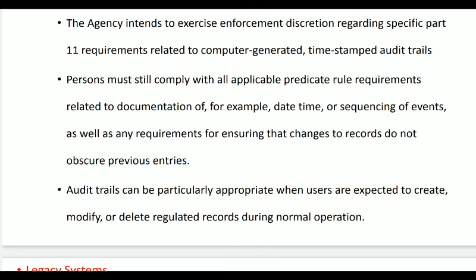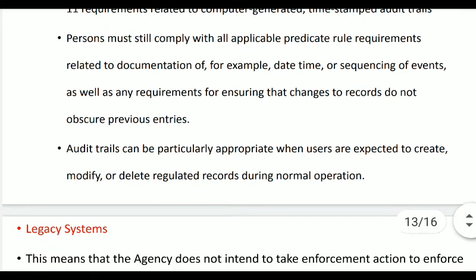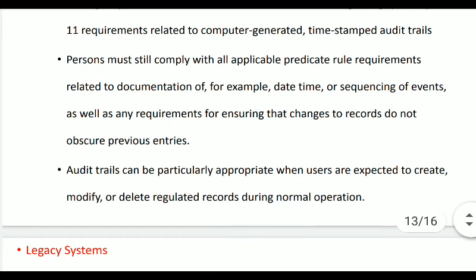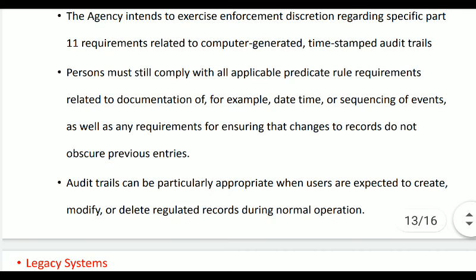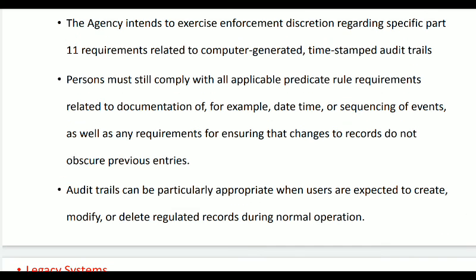Persons must still comply with all applicable predicate rule requirements related to documentation of, for example, date, time or sequencing of events, as well as any requirements for ensuring that changes to records do not obscure previous entries, which means the entire audit process should be done step by step. Every step has a time stamp, and you have to mention that the performance has been done on such and such a date and time.